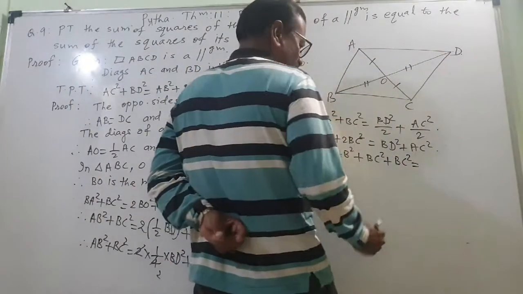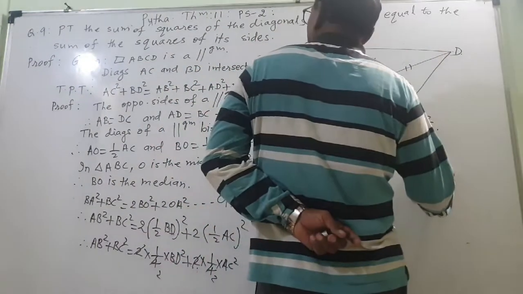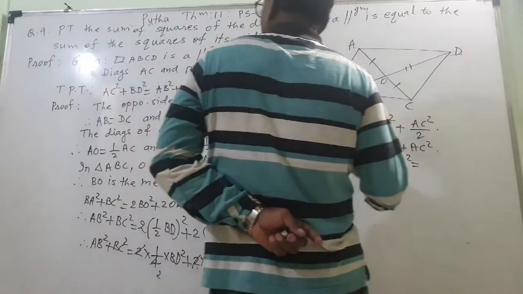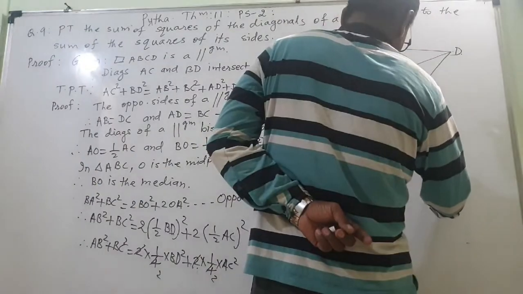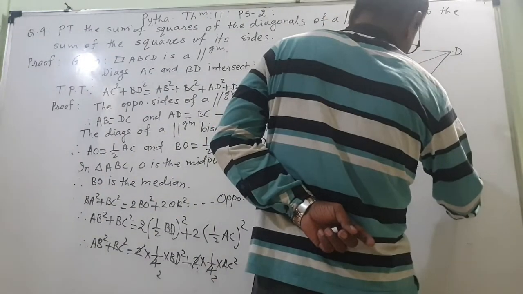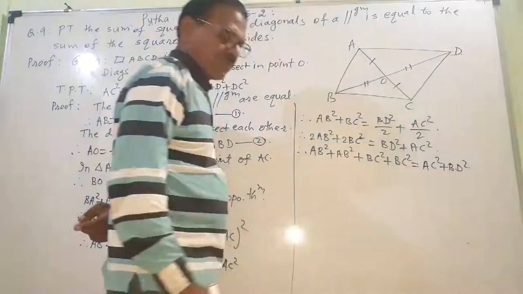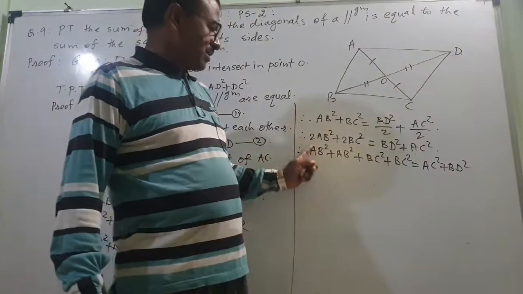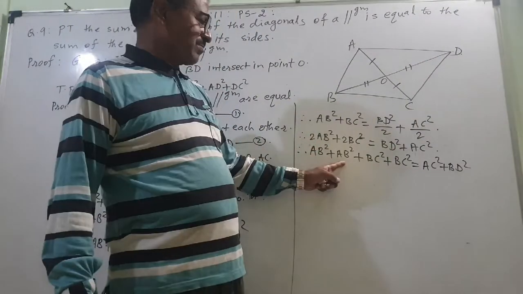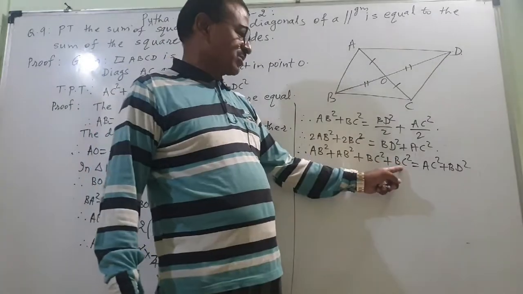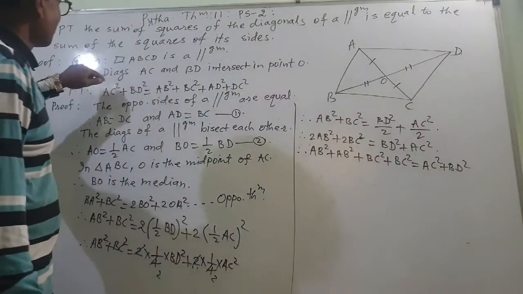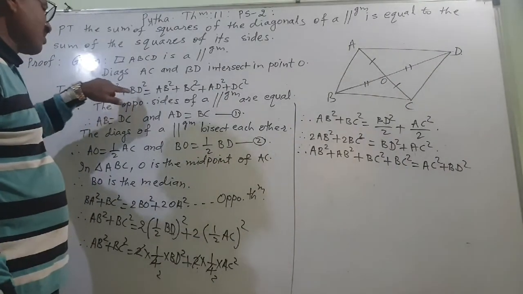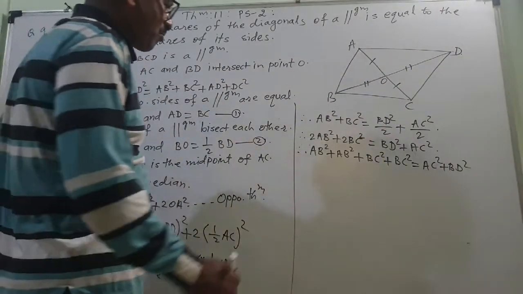That is equal to, so this I will shift, this AC square plus BD square. 2AB square is AB square plus AB square, 2BC square is BC square plus BC square. And this sequence I have changed. I have seen in what to prove, AC square plus BD square, that sequence is also important.